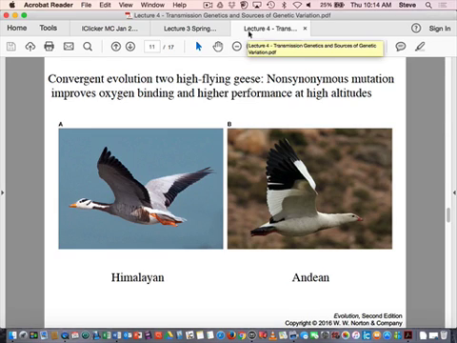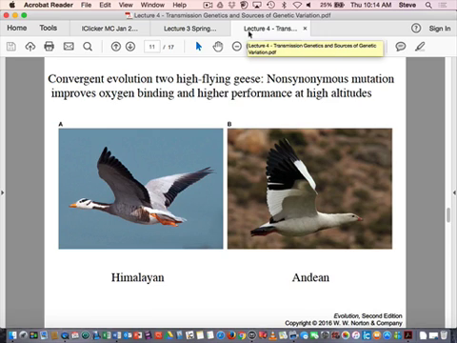And here is convergent evolution in 2 high-flying geese. I didn't look at the original paper, but this is in your book. It turns out, and we'll be defining what a non-synonymous mutation is, that both of these species, the Himalayan goose and this South American Andean goose, have a non-synonymous mutation in a particular gene that's involved in oxygen binding.